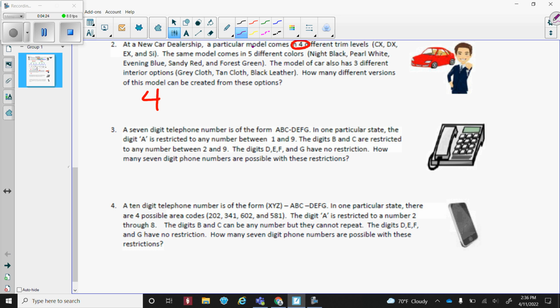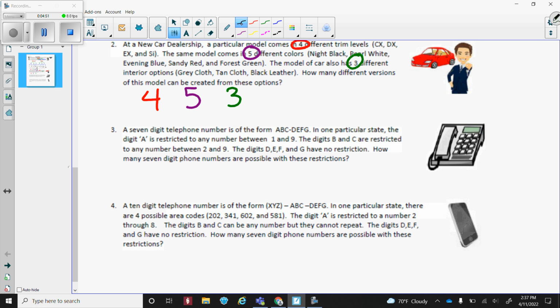I know that there are 5 different colors that this can come in. Whether it's night black, pearl white, evening blue, sandy red, forest green, there are 5 total. So I'm going to put down the number 5. There are 3 different interior options. That's 3 I'm pulling from here. Gray cloth, tan cloth, black leather. So I'm going to write down 3.